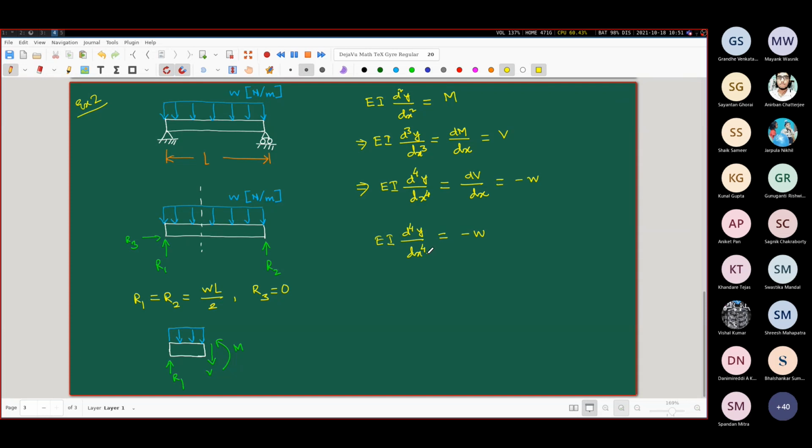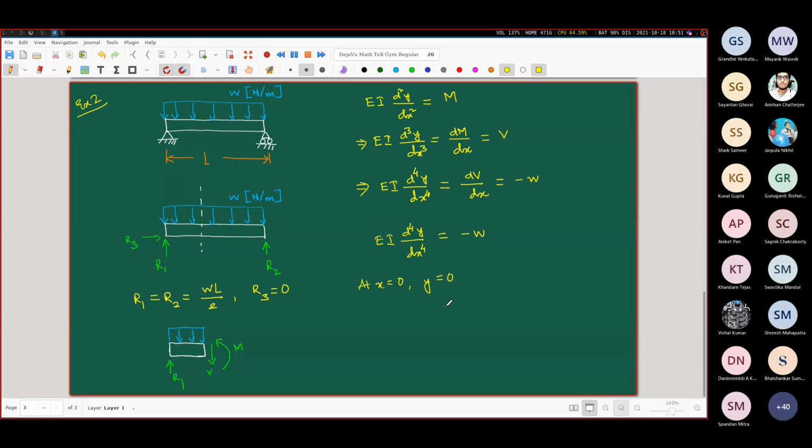The question is, what are those 4 conditions? I will tell you 2 of those conditions, the easier ones. At x equal to 0, y equal to 0.